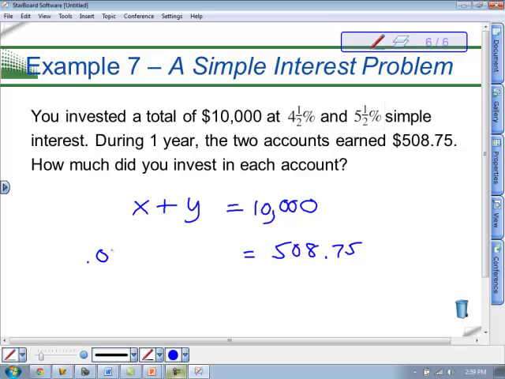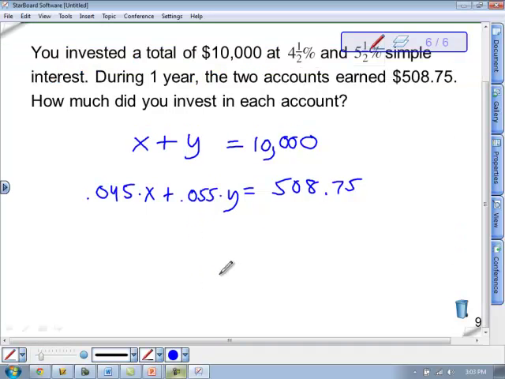So whatever interest rate, let's do 0.045, which would be 4.5%, times whatever is in X, plus 0.055 times Y, which is the interest in account Y, has to total up for us the total amount of money that we would receive, which is $508.75. So the question is, how much did you invest in each account? Now we can solve for x and y.